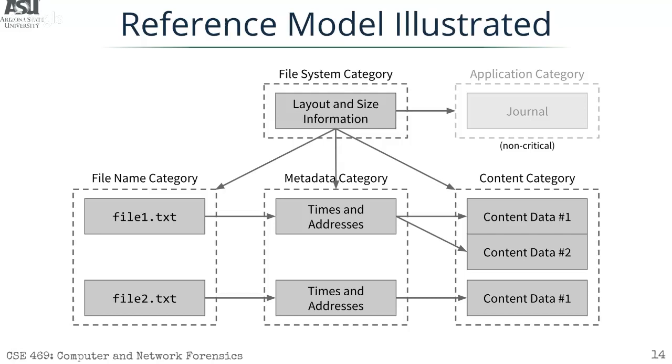So the reason why is a lot of times you don't care about what file type it is or the access permissions, the access times, the modified times. You don't care about that when you're just trying to find the files, right?